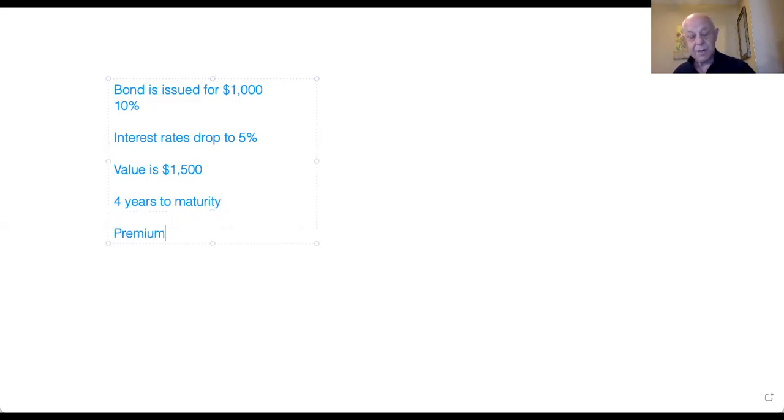My premium is 1,500 minus 1,000, right? The 1,500 is my basis. The 1,000 is the redemption price. The total amount of premium is $500. And let's assume that I've got 4 years to go to maturity, and we're going to use straight line. I can amortize $125 a year. That amortization is treated as an ordinary deduction because it reduces interest income.